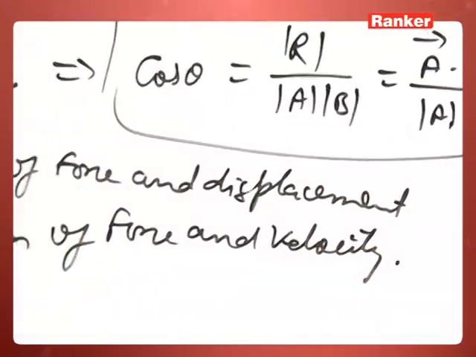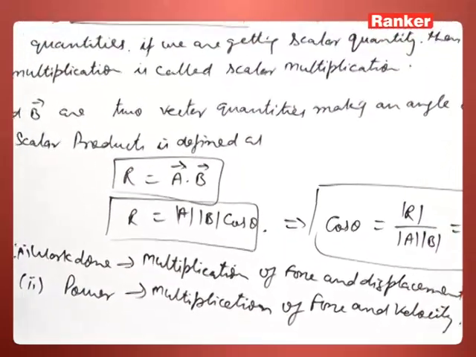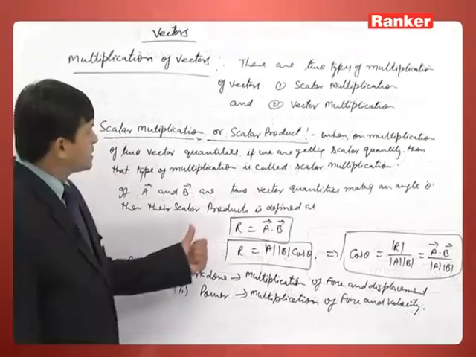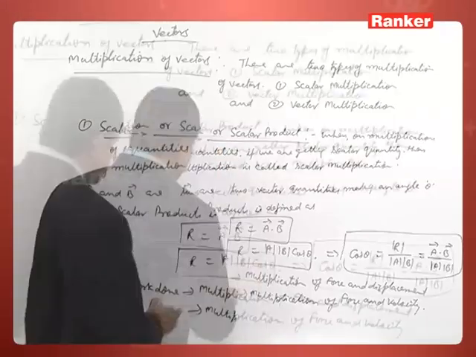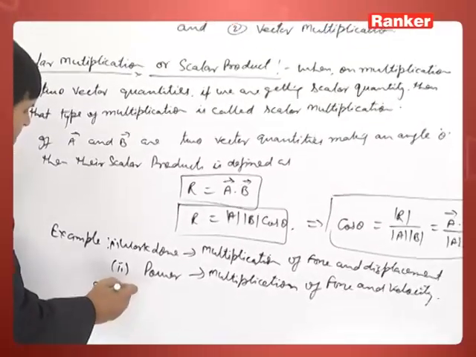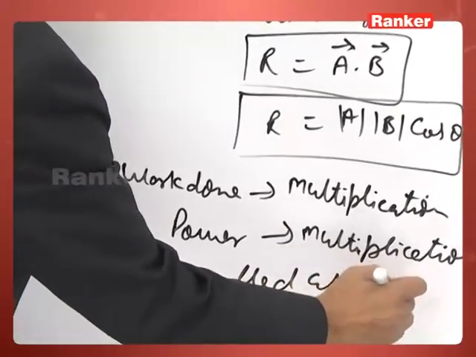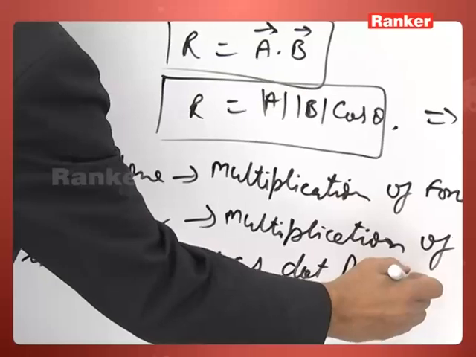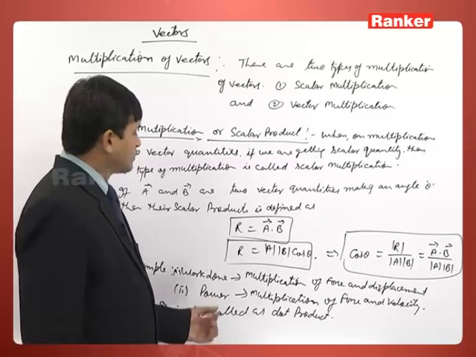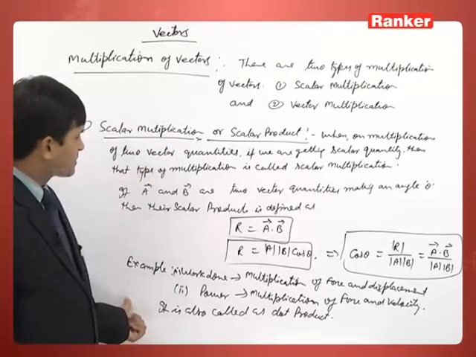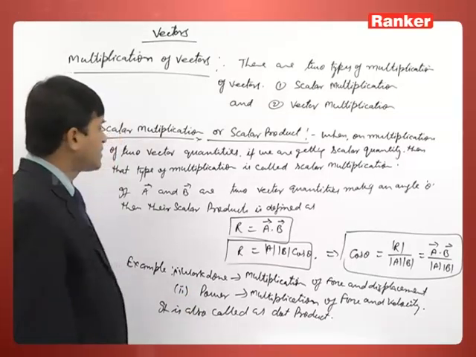This is also one of the examples of dot product, or scalar multiplication. Scalar multiplication is also defined as dot product. So see some applications of dot product or scalar multiplication.